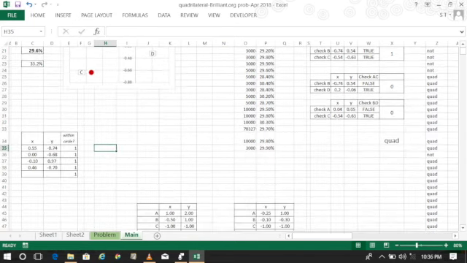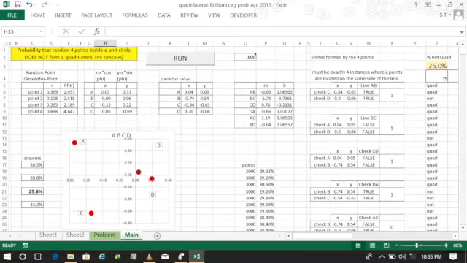Once I generate the four points, the macro copies them automatically and pastes them into this little table here, and then I check for whether I have exactly four instances where, among the six possible lines generated by these four points, the other two points are on the same side of the line.